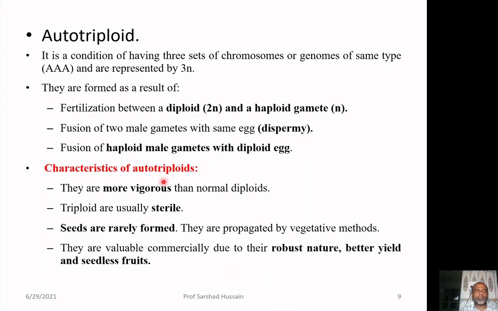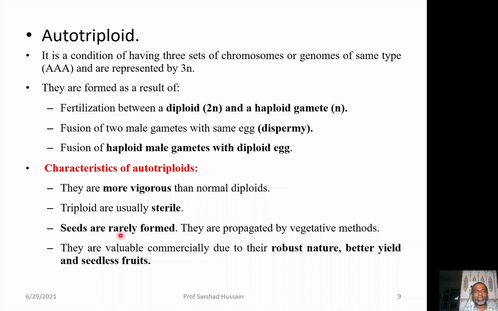As far as the characteristic features of autotriploids are concerned, they are more vigorous, that means they have very high strength. They are normally sterile, that means they will not produce offspring; their seeds will not be normally functional and will not be able to produce a new individual. So, seeds are many times not formed.